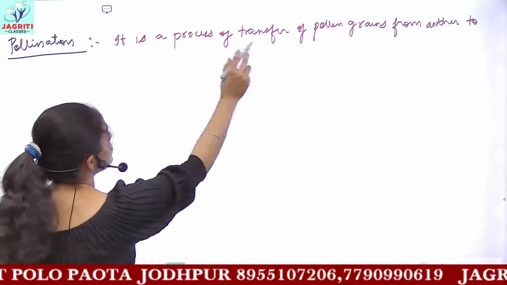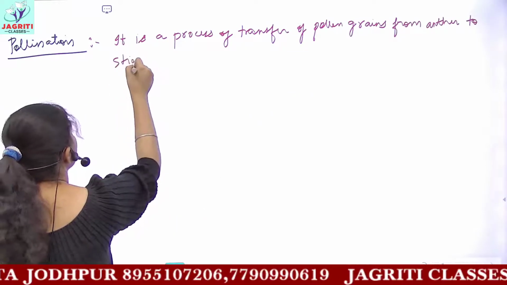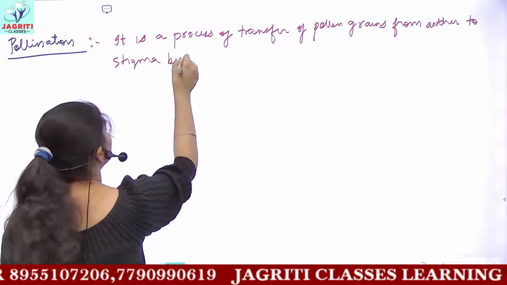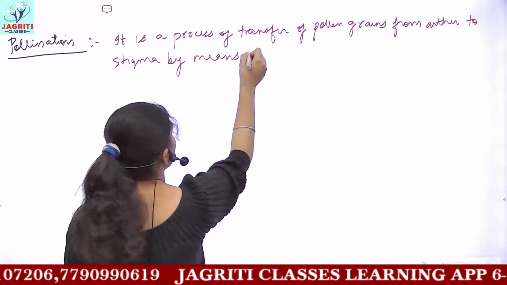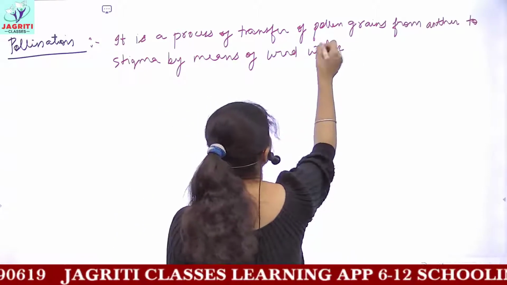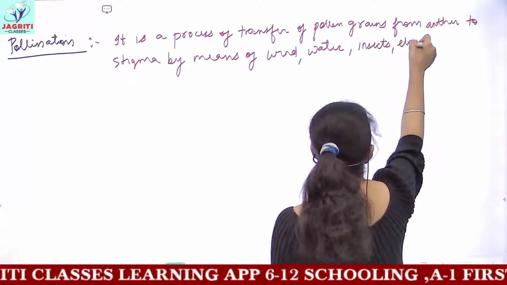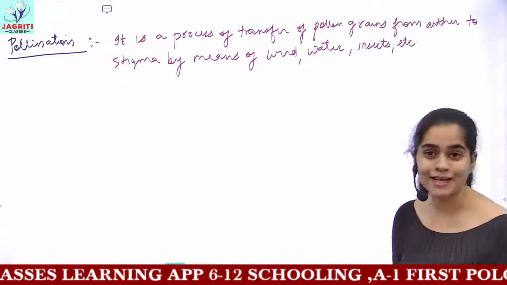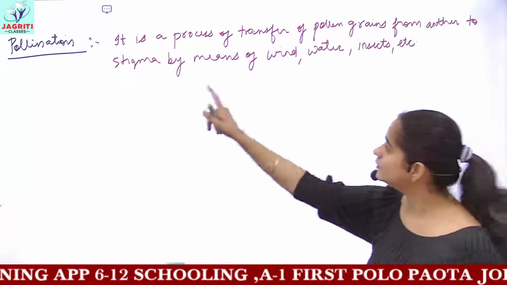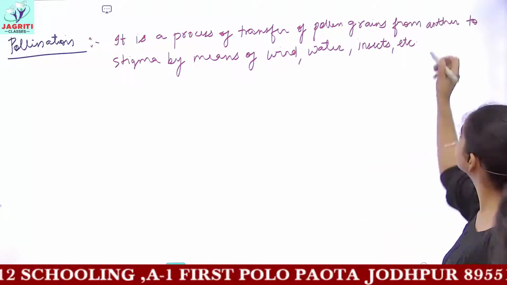So pollination is the process of transfer of pollen grains from anther to stigma by the means of wind, water or insects, etc. So this process is known as pollination, that is, it is the process of transfer of pollen grains from anther to stigma by means of wind, water, insects or any other agents.